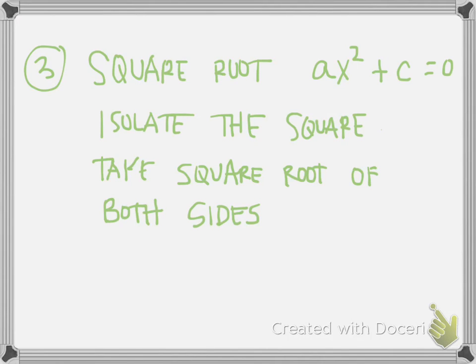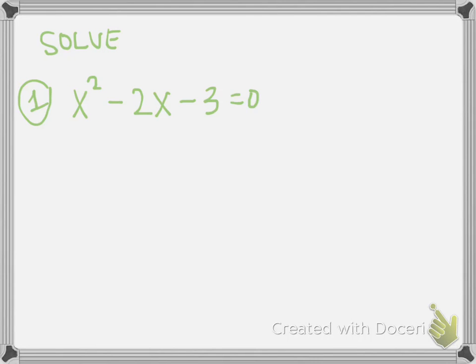Alright, let's do some real quick. So this is just a quick review. So x squared minus 2x minus 3 equals 0. So it's already equal to 0. It's 3 terms. So I'm going to try to do this by factoring first. So something has to multiply together to give me a negative 3 and add together to give me a negative 2. So what is that?